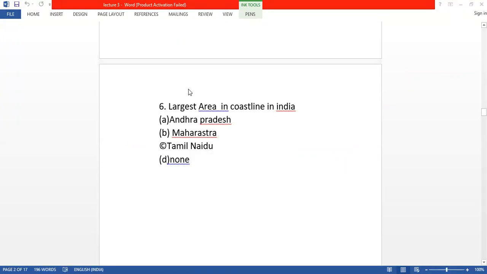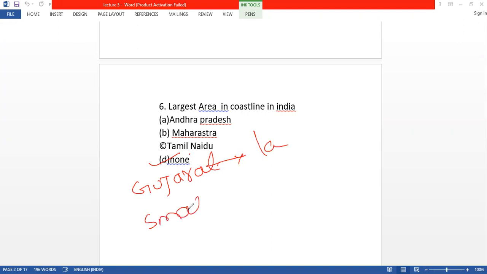Which state has the largest coastline in India? Tell me, friends, which will be the correct answer here? Largest coastline. Answer is D, none of the above. It is Gujarat. By the way, the other answers are also none of the above. Gujarat is the largest coastline. Which is the smallest coastline? Tell me, friends.